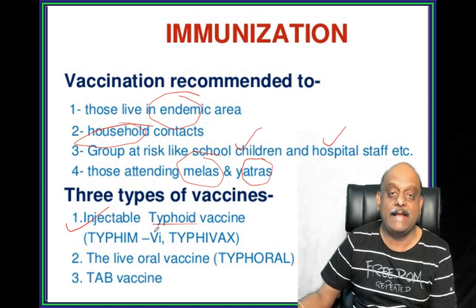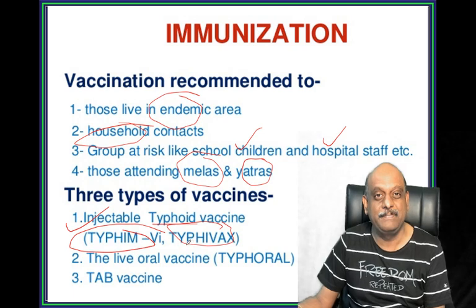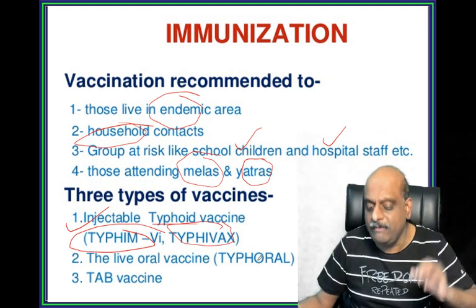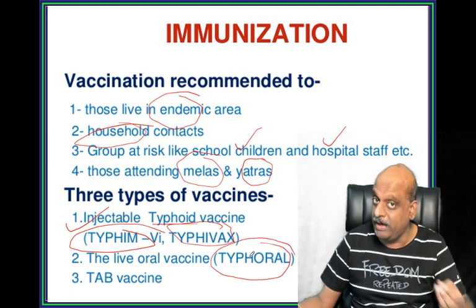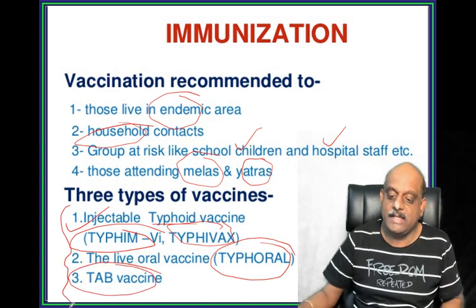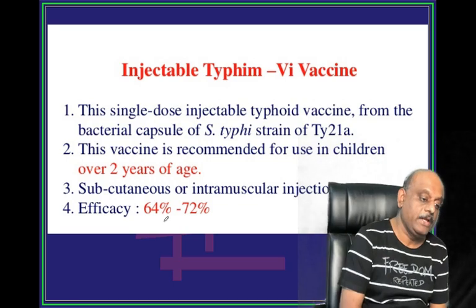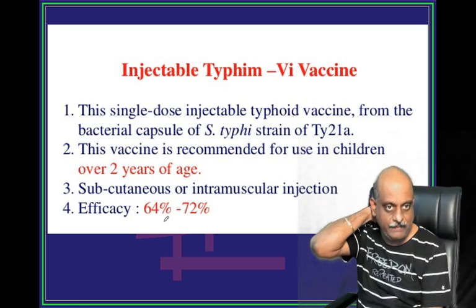Injectable typhoid vaccine, Typhim Vi and Typhivax. There is a live oral vaccine which is called Typhoral vaccine and TAB vaccine. So these are the 3 different types of vaccine which are available. Now 1-2 comments about each of them.